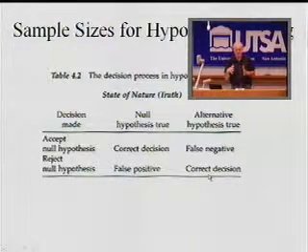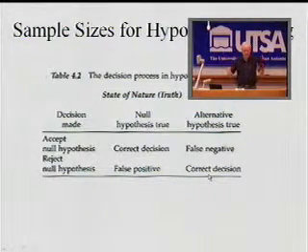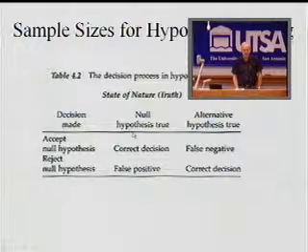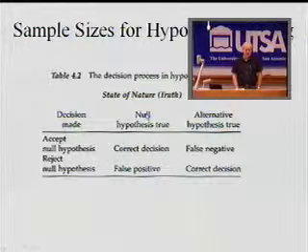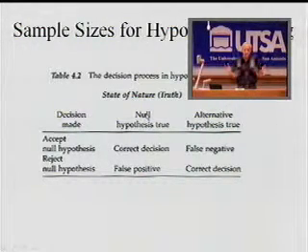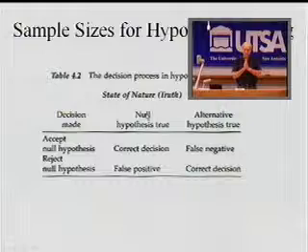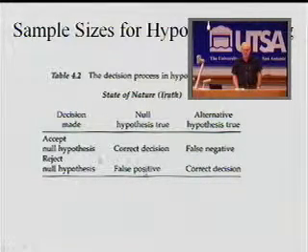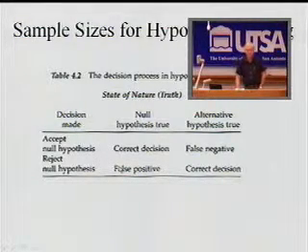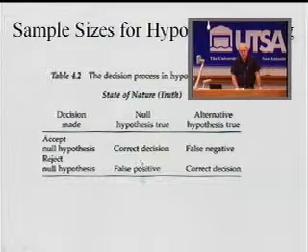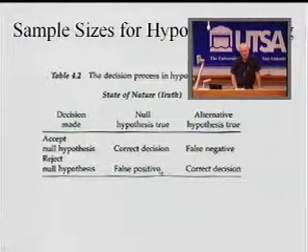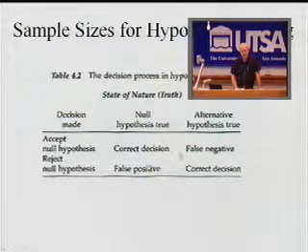You go through the statistics and you reject the null hypothesis, but in reality the null hypothesis is true. If you had calibrated your instrument, then there would be no real significant difference between the two treatment groups. Then you have a false positive. So the risk is in having false positives or false negatives.